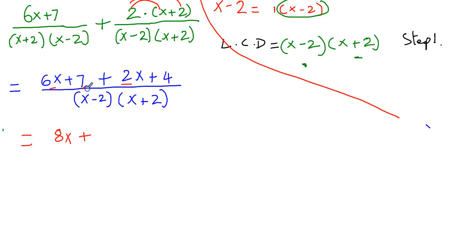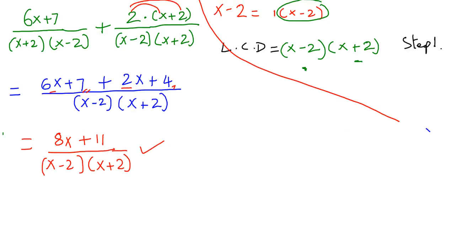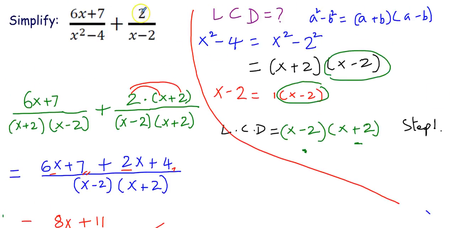This is the constant number 7 and that's 4. 7 plus 4 is 11. And in the denominator, you have x minus 2 times x plus 2. This is the sum of the two rational expressions that are given to us here.